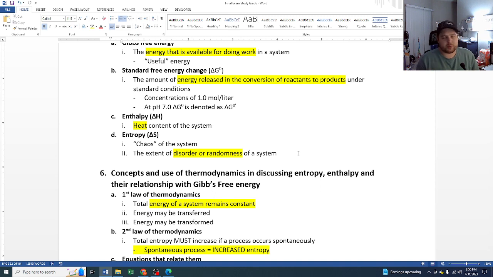So that's what entropy is talking about. If you have more molecules, more particles moving around at once, it's more likely that something is going to run into each other, and more likely that a reaction is going to occur. That's what entropy is. It's the chaos of everything there. So the more stuff packed into an area, the more chaos there is.